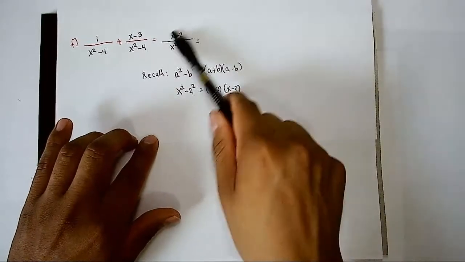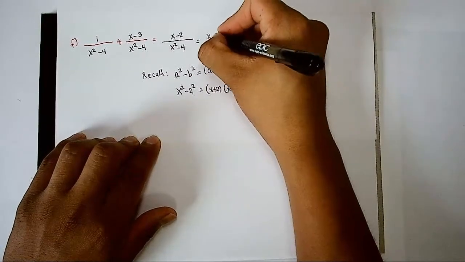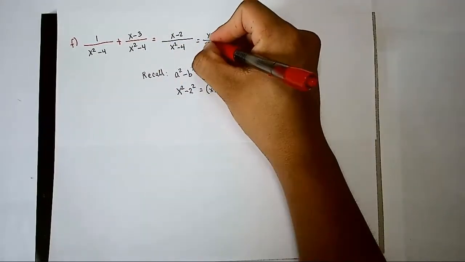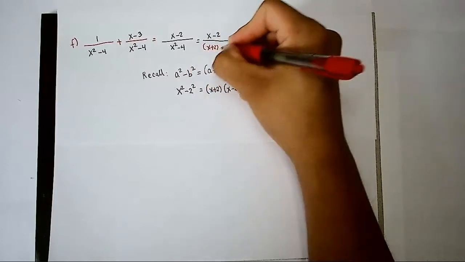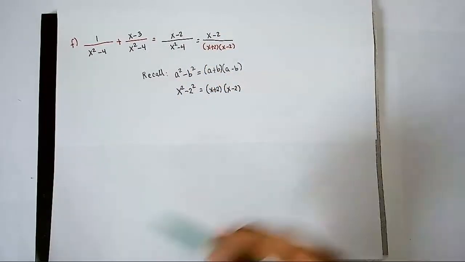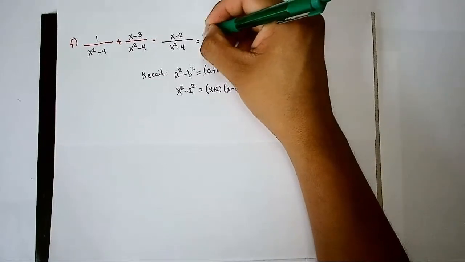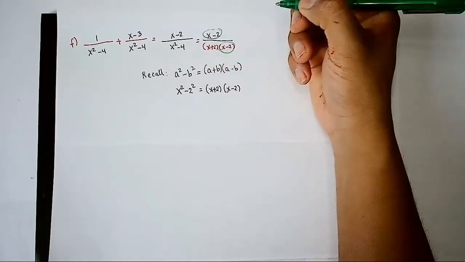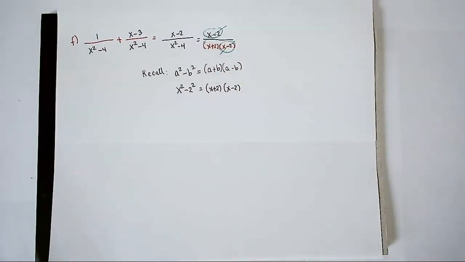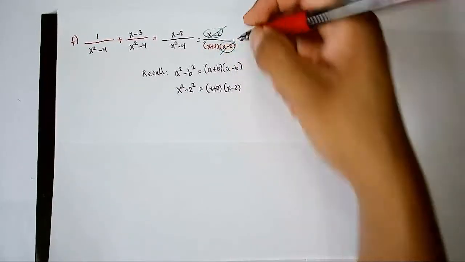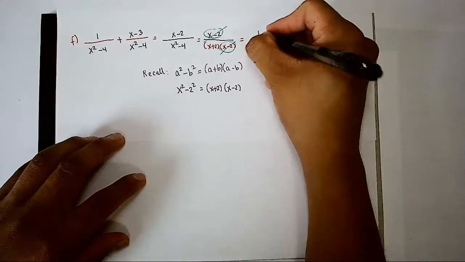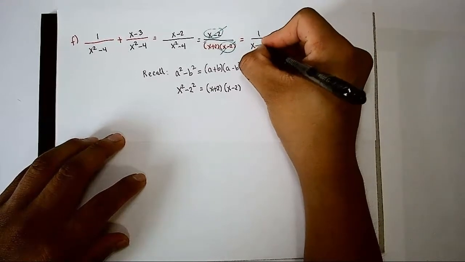So let's replace that here. This is going to be x minus 2 divided by x plus 2 times x minus 2. And from here, we can factor and cancel x minus 2, which means that the final result is simply 1 over x plus 2.